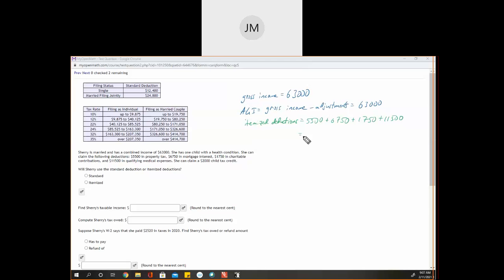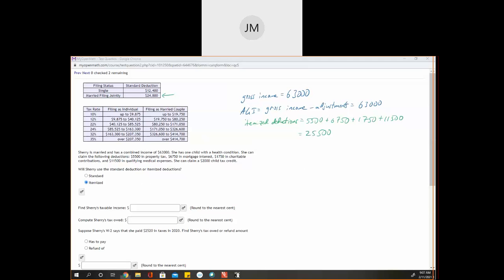That adds up to 25,500. Since that is more than the standard deduction, we'll use the itemized deductions.